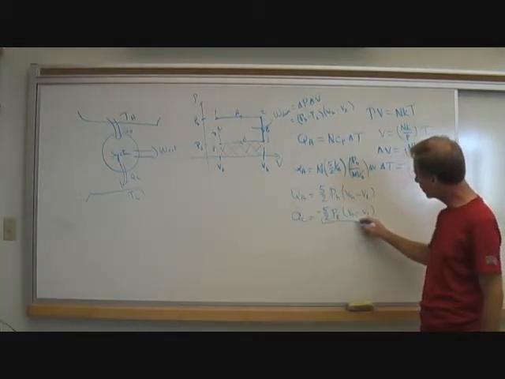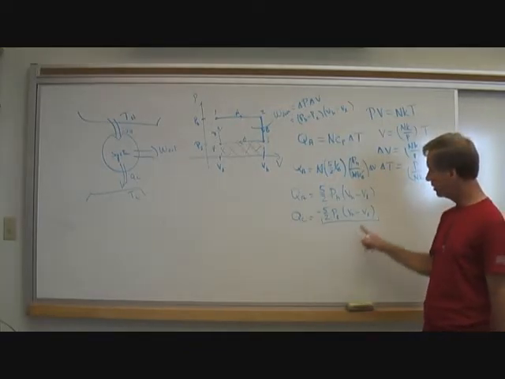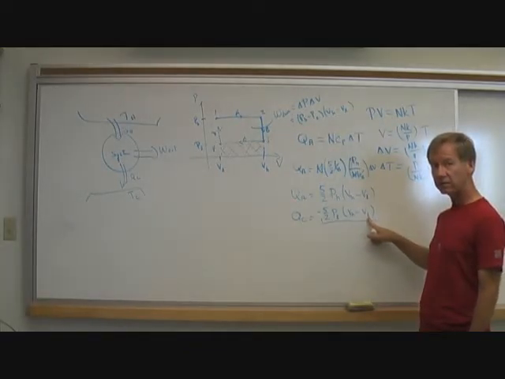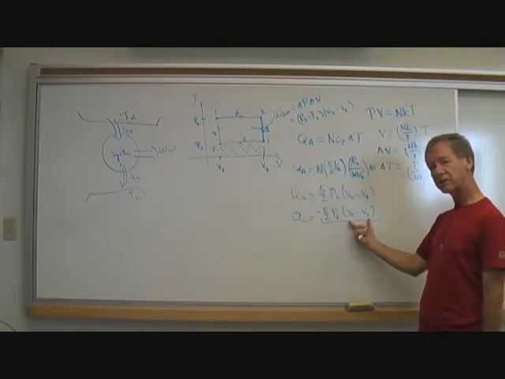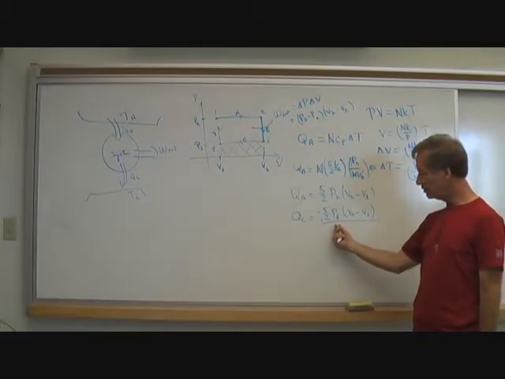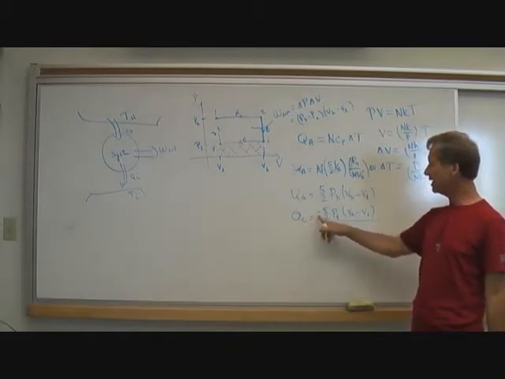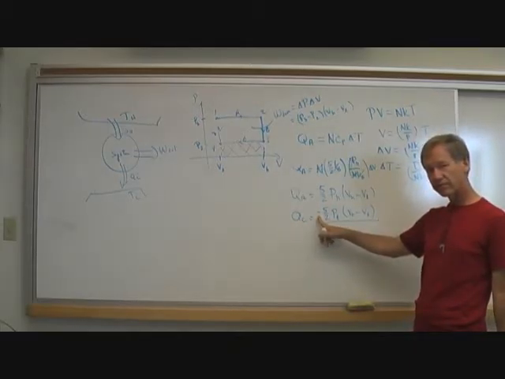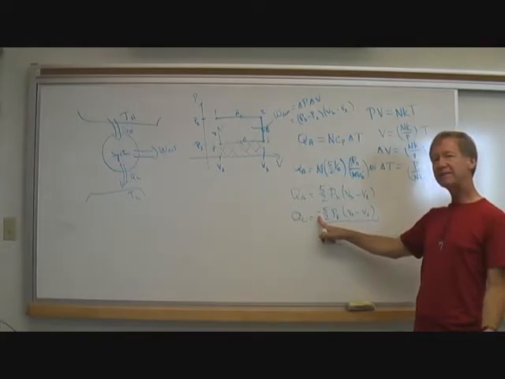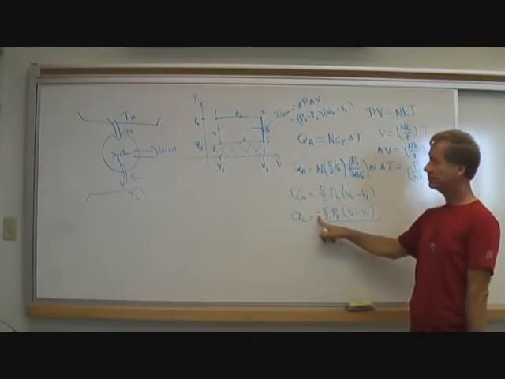This right here is all a positive number. VH is bigger than VL, so the parentheses is positive. Pressures are always positive. Obviously 5/2 is positive. So Q sub C is negative. That means it's heat being dumped.